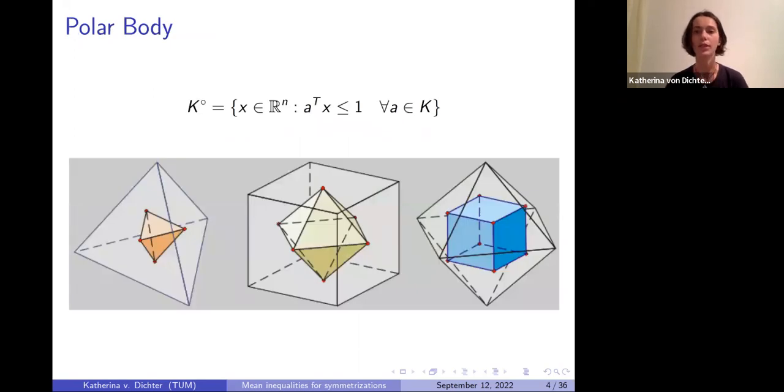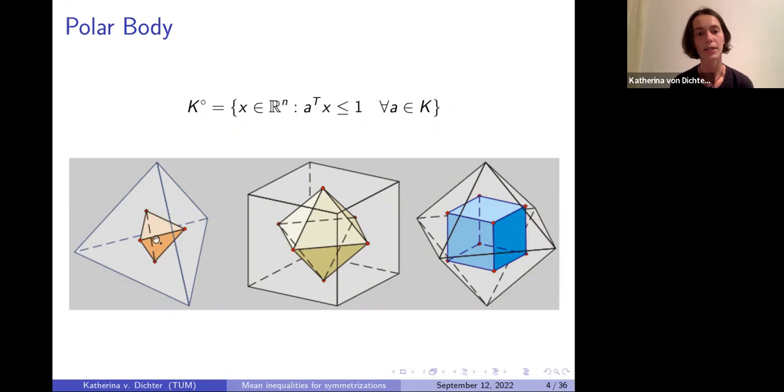Another definition that we need is the polar body. The polar body is something like taking the inverse of a set, and is defined as the set of x such that the scalar product of a and x is less than or equal to 1 for any point a from K. Here down you have a picture of three examples of polar bodies. The first one is a simplex, the S3 simplex.